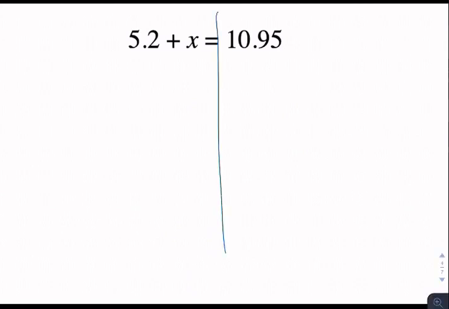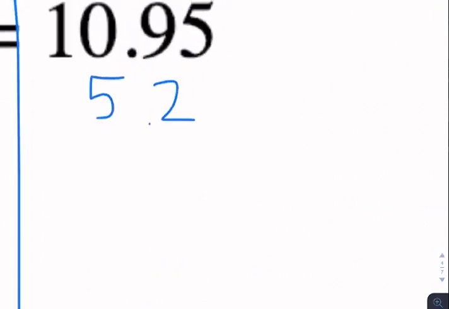If I was just to solve this like I normally would solve any equation, I have a positive 5.2 adding x and I get 10.95. I want to get x all alone, so I'm going to subtract 5.2 from both sides.